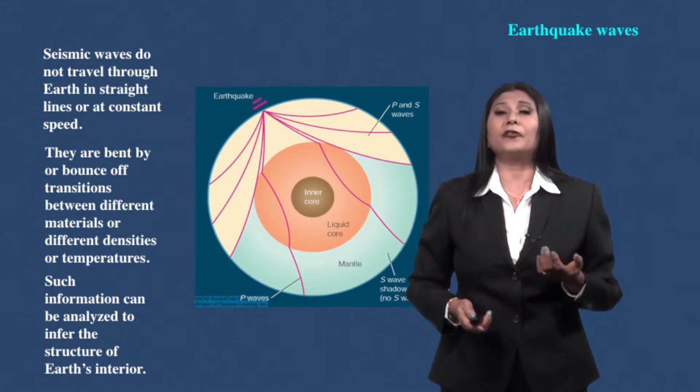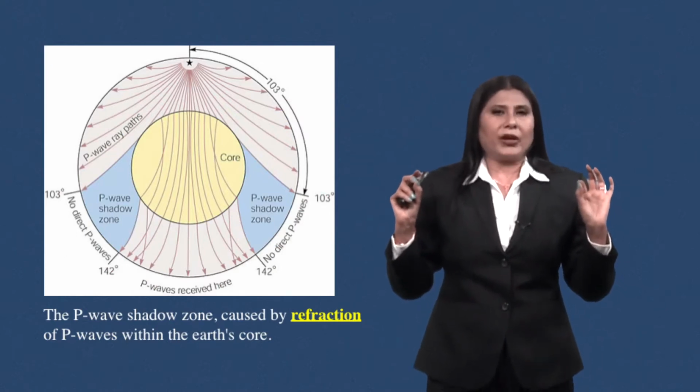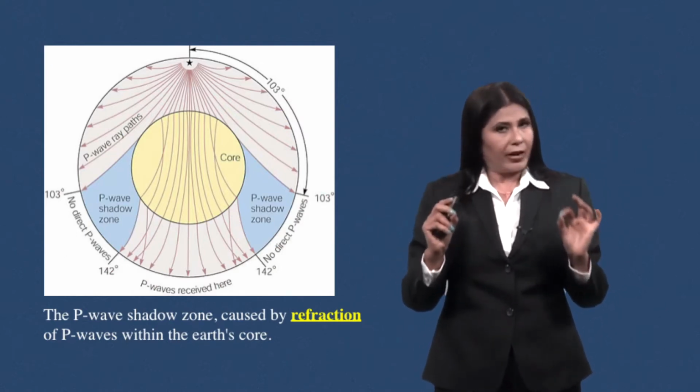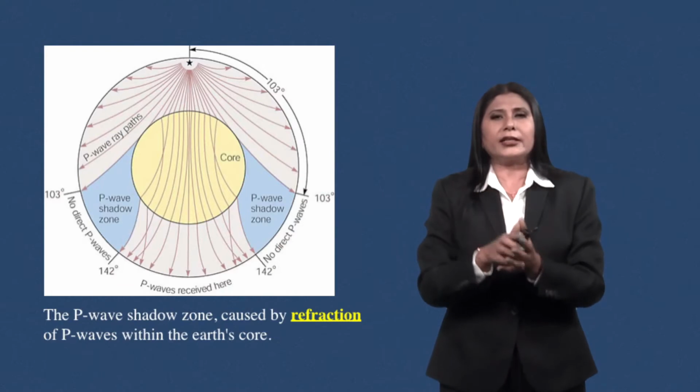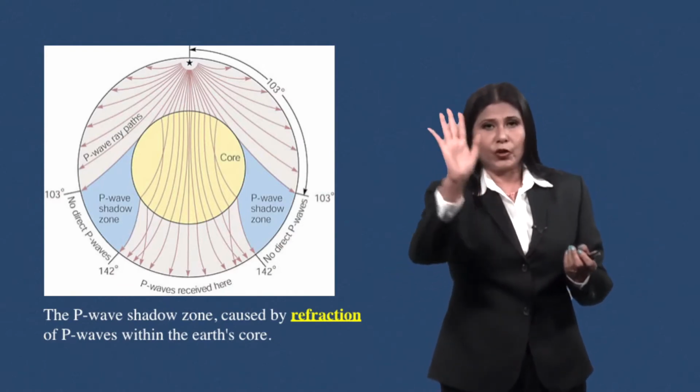Such information is very, very important. Now, the earthquake is happening right now, and it is giving out two such waves: the P wave, or primary wave, and the S wave.